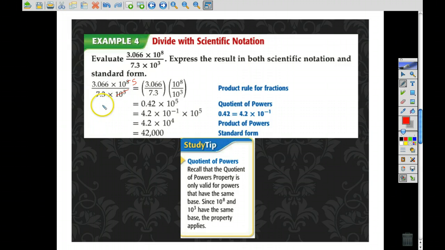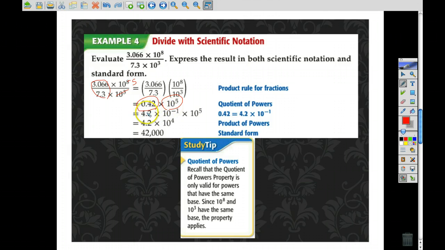Okay, and then you can do actually this in the calculator if you wish. This is what they did here. They did 3.066 divided by 7.3, which became 0.42. Okay, and you have 10 to the 5th power here. All right, this you can actually put in the calculator.